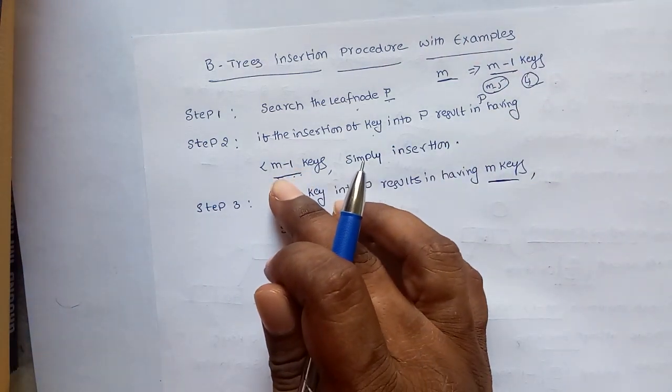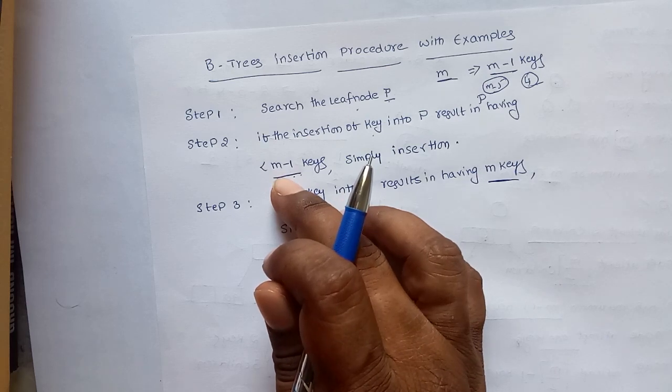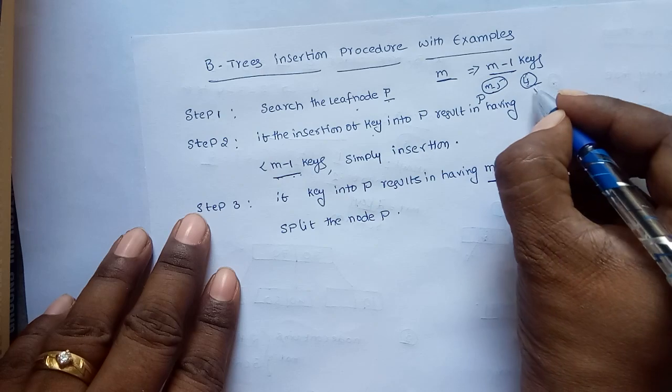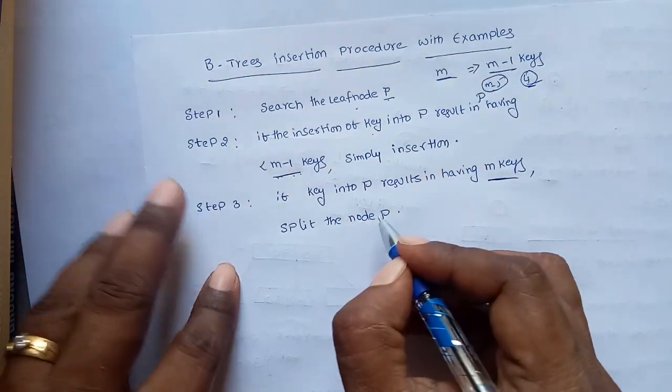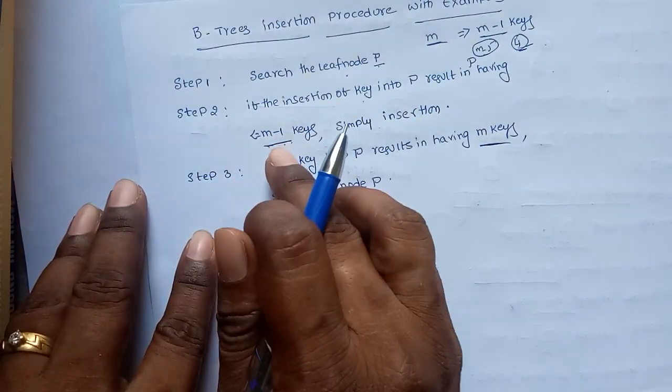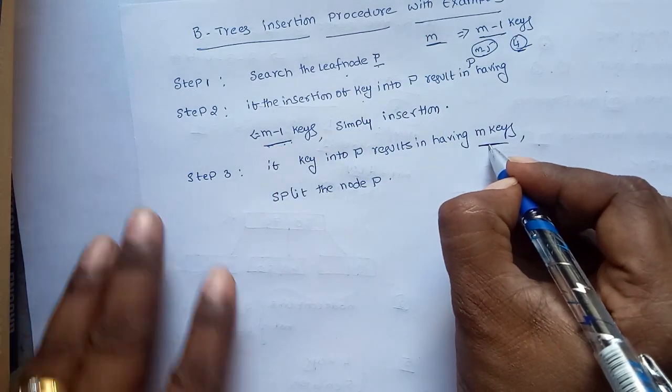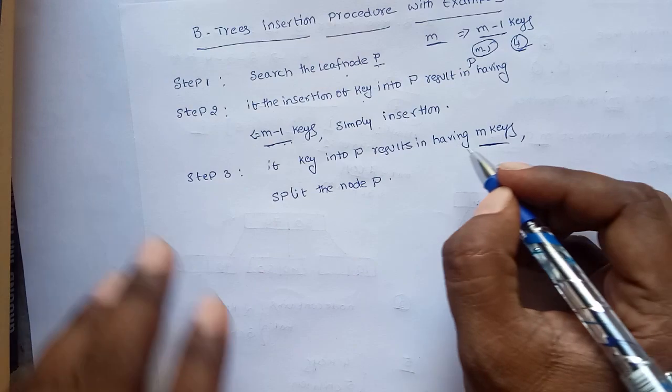If P contains less than 4 keys after inserting one element, no problem. Suppose if it is equal to m minus 1 keys also, no problem. If it is equal to m, it violates the property.